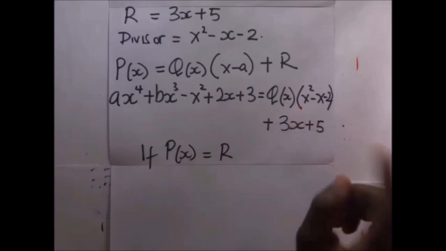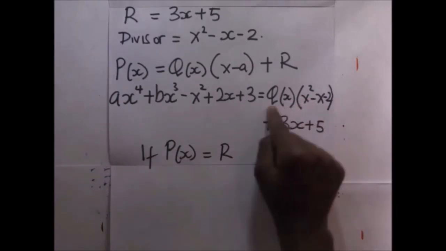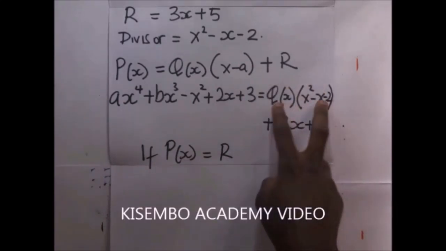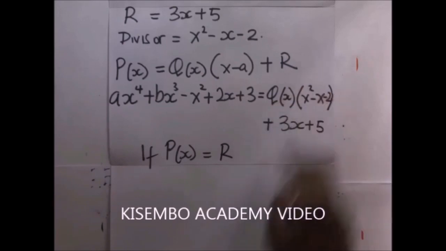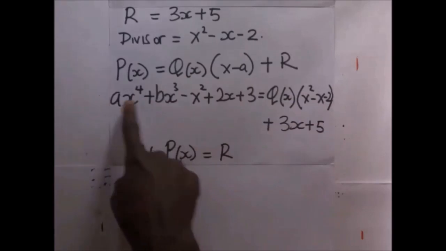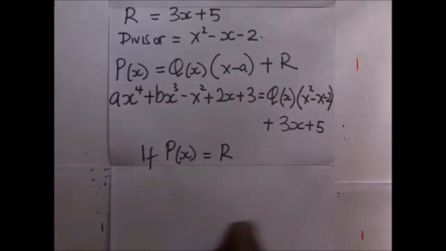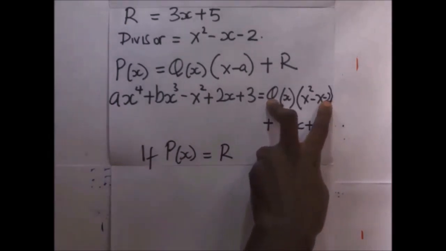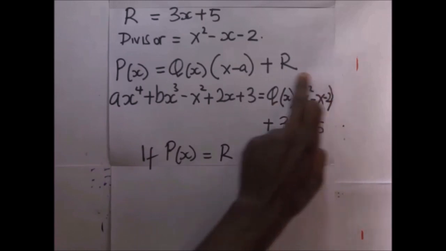So now let's get the values of x for which this term is equal to 0. After getting the values of x for which this term is equal to 0, we shall come back to this same expression, fill in those values of x so that we are able to get the values of a and b. So what we are going to do is this. We are going to look for the value of x here for which this term is going to be equal to 0.